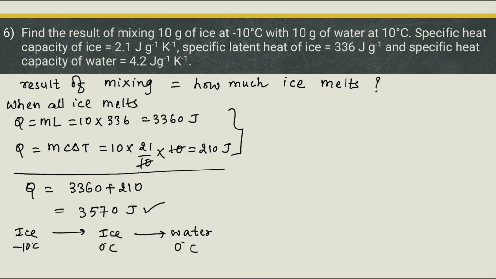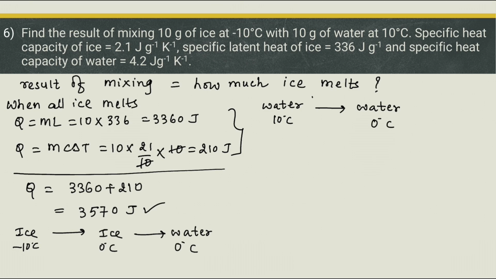Now this heat energy must come from hot water at 10 degrees Celsius. Let us see that water quantity which is given here. Is it able to release this much heat energy? Let us find out. So water at 10 degrees Celsius, the temperature decreases to 0 degrees Celsius.